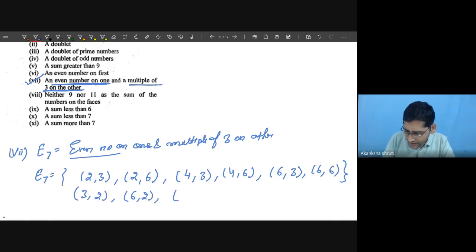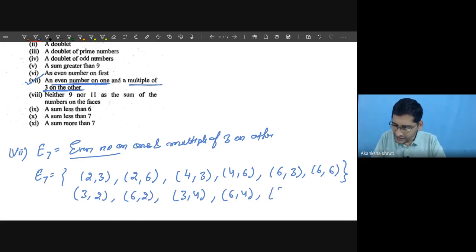It is possible to have 3 and 4 also. It is possible to have 6 and 4 also. It is also possible to have what? 3 and 6 and this 6 and 6, means up to this much we shall write.